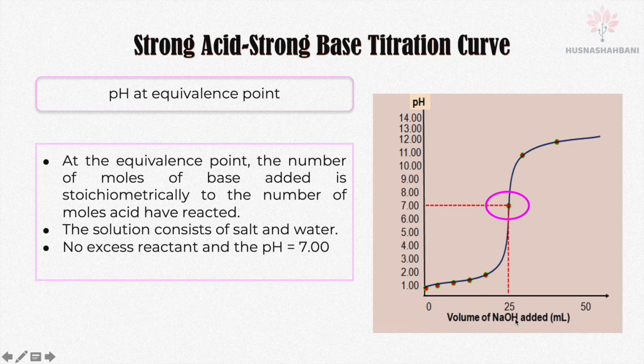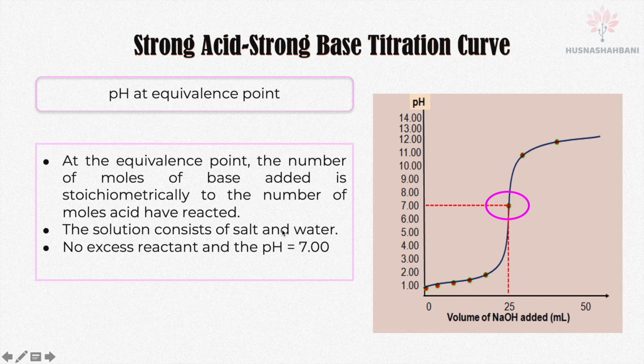The solution only consists of salt and water, because when this salt dissociates, it becomes a cation and an anion. The cation and anion come from a strong acid and a strong base, so neither the cation nor the anion will hydrolyze.